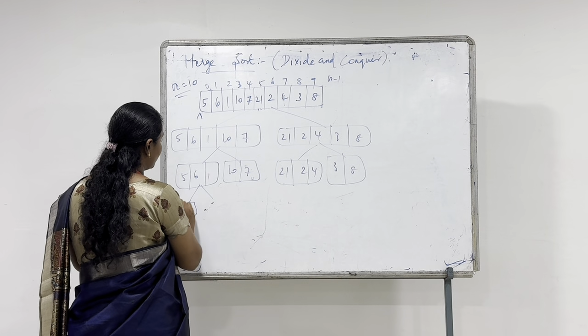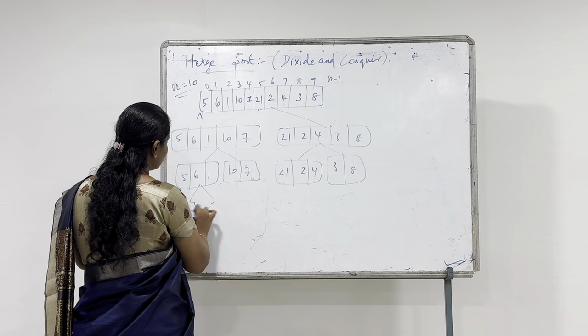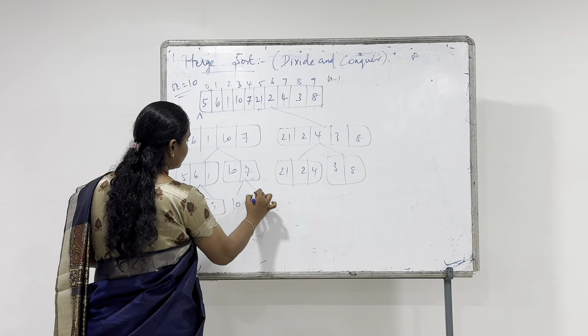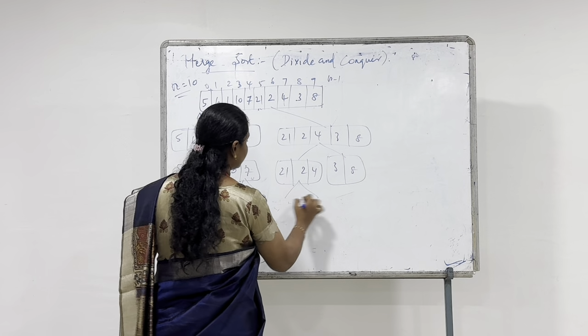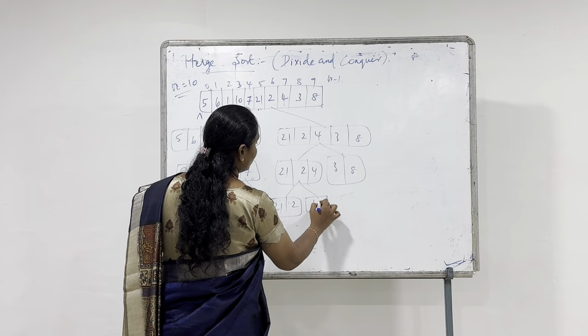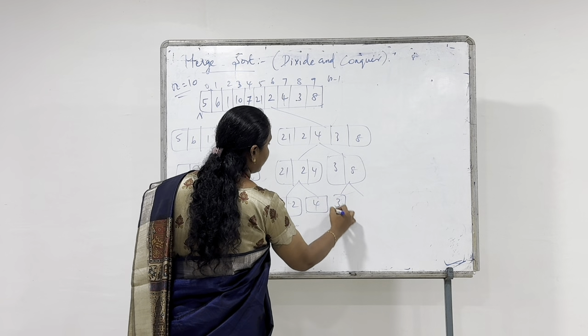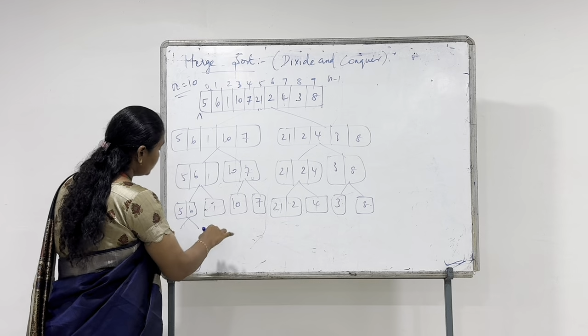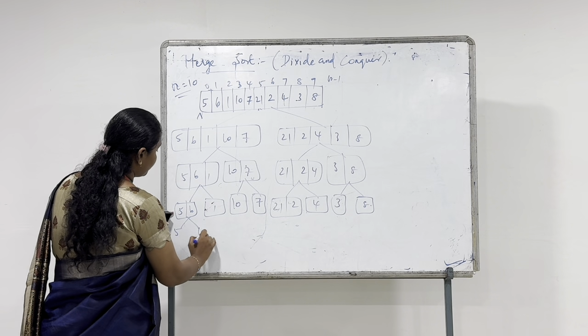Again divide this into two. 5, 6, 1, 10, 7, 21, 2, 4. And again divide this into two different arrays.